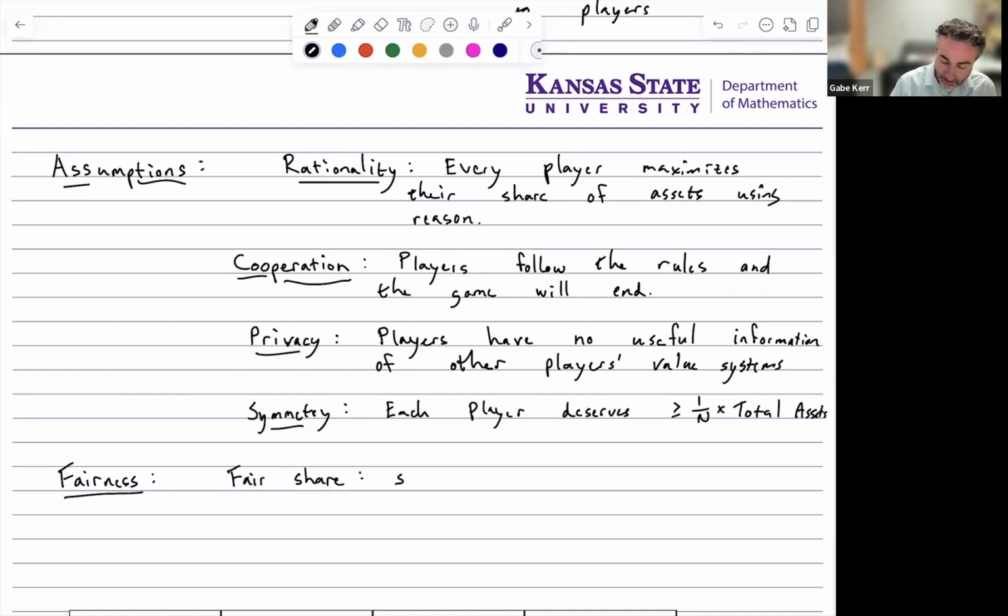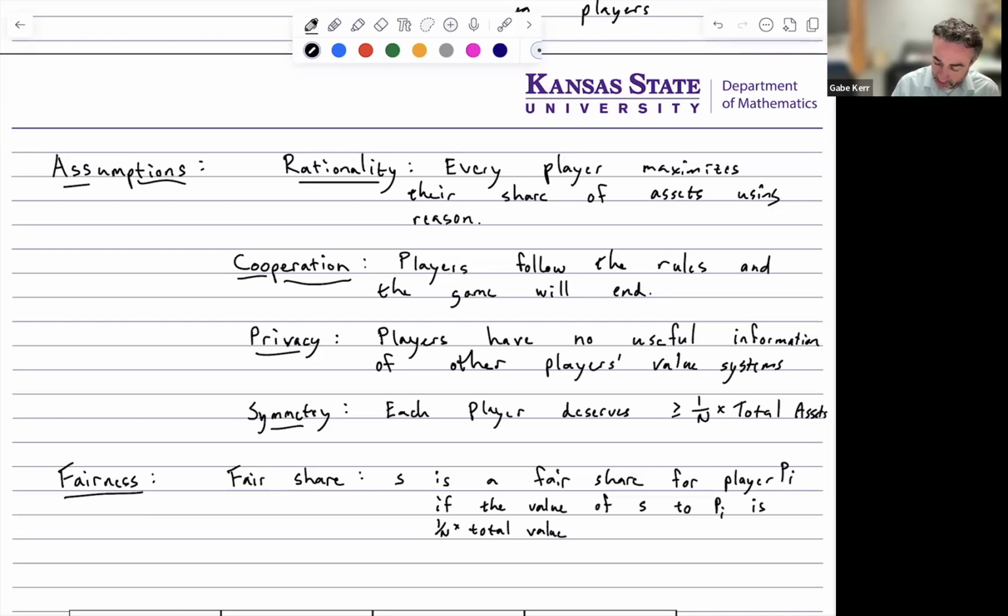So s is a fair share for player P sub i if the value of s to player P sub i is 1 over n times the total value of the assets.